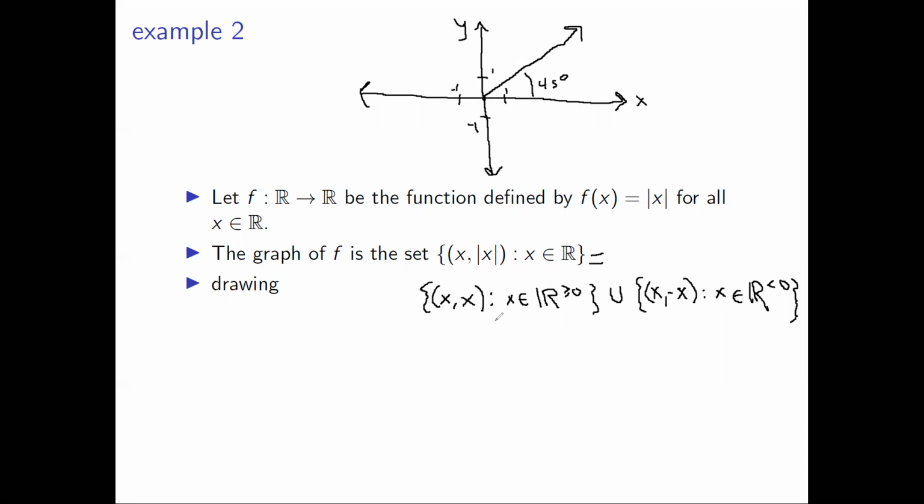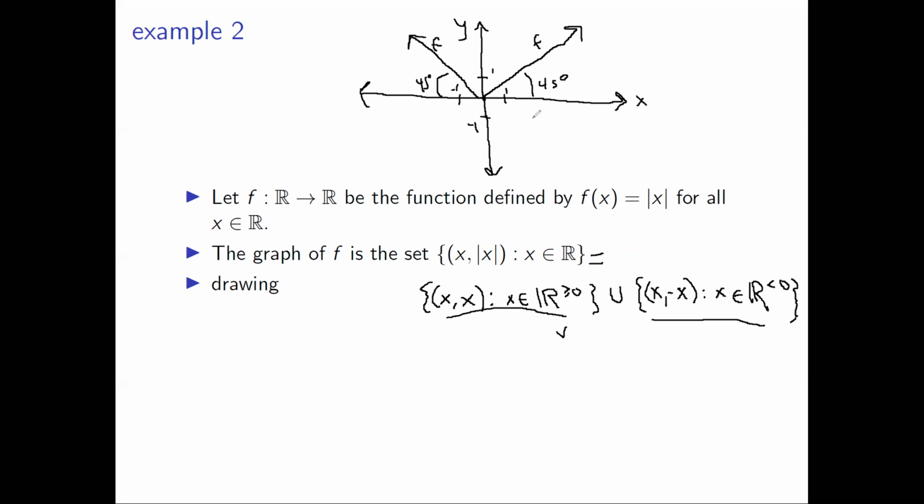And we also have to draw the points. So we drew these points already. Those are done. We also have to do these, the x, minus x for negative x. So these we draw like this, roughly. And that's a 45-degree angle as well. So this is f. So is this.